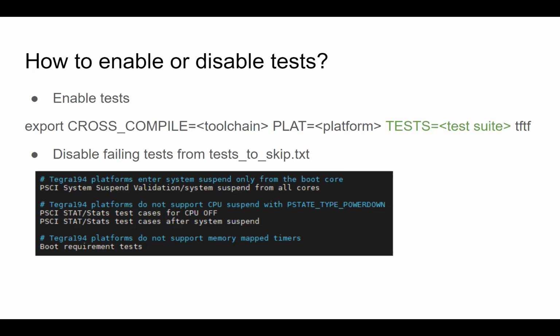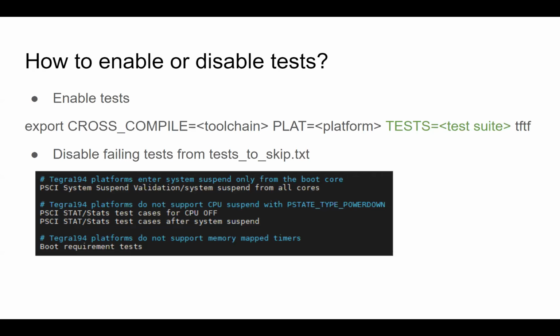Okay, so you have done that and you figure out that some tests need to be disabled. How do I do that? For your platform, you will have this text file called tests-to-skip. There you can specify which tests or which test suites you would like to disable completely. If you look at the first line in the black box, inside the PSCI system suspend validation test suite, I would like to disable the system suspend from all cores test for some reason.